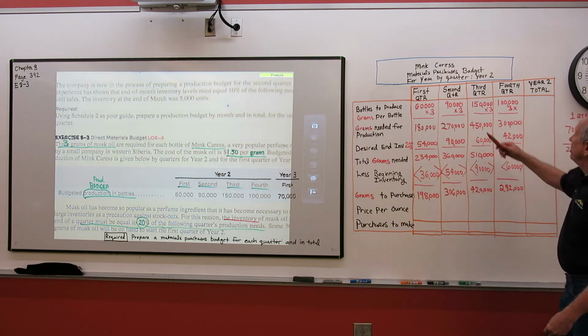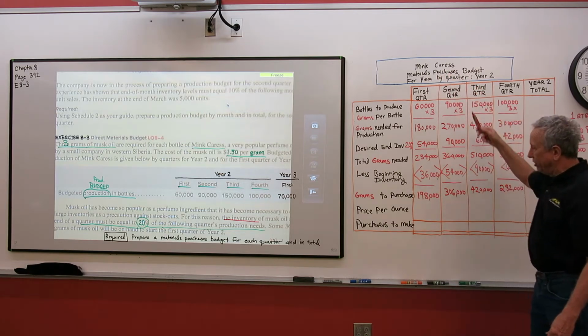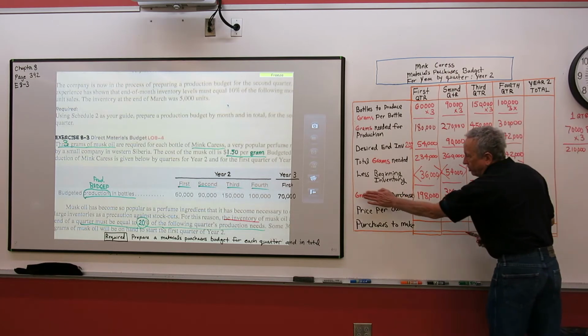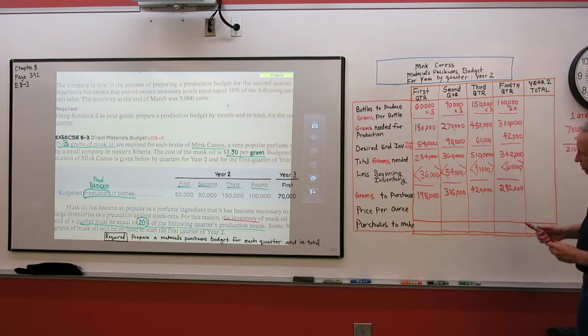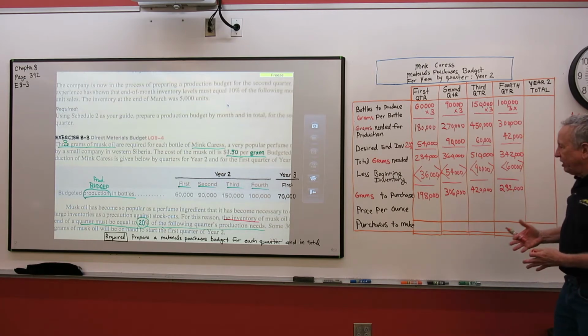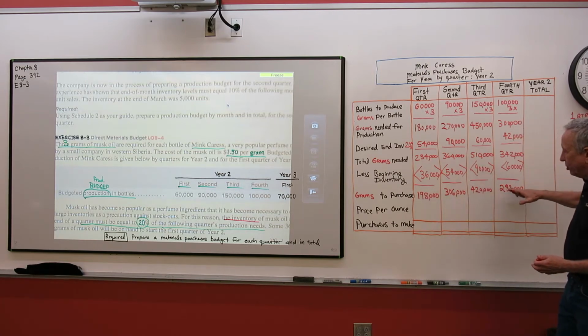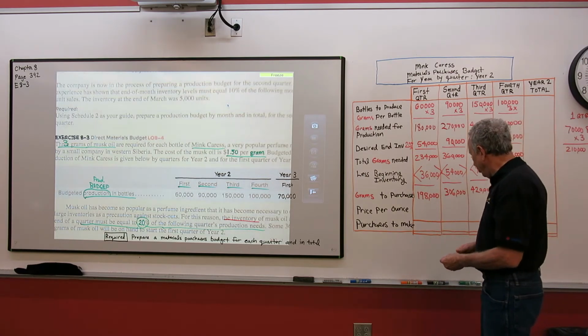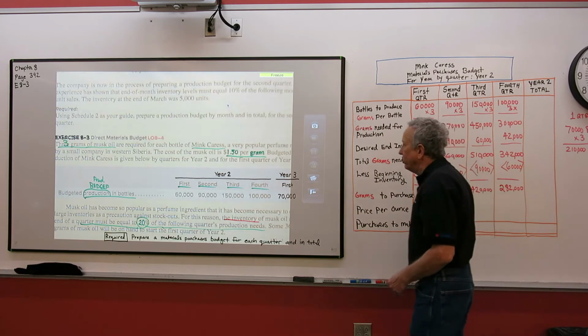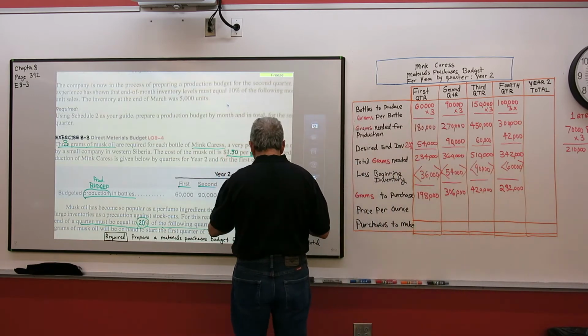Well, they do want this to be a materials purchases budget. At this point, this is a materials purchases budget. But we're going to take it really one step further. We'd like to see not just the materials in grams, but how about let's get the cost. Let's take it to the full distance and do the cost. And what does it say? It's $1.50.